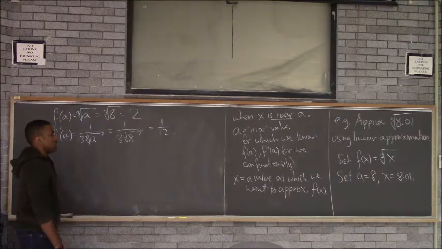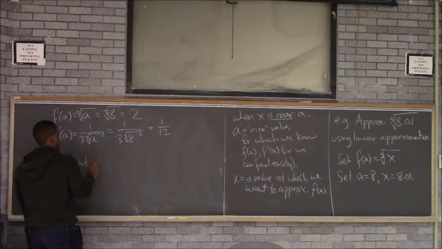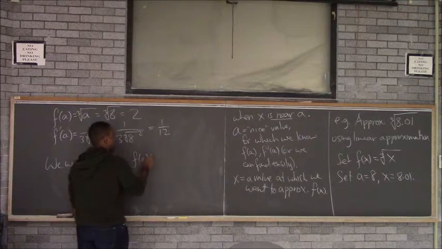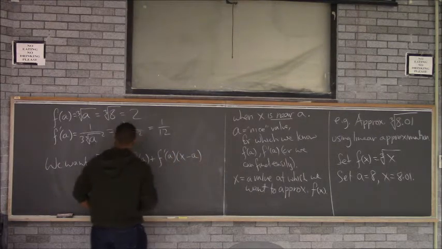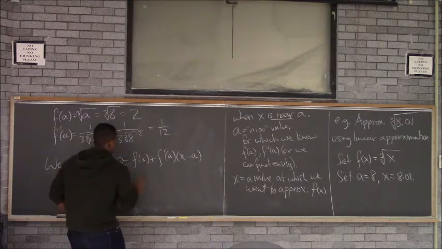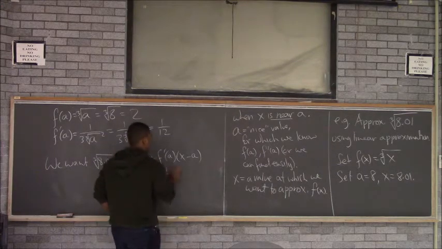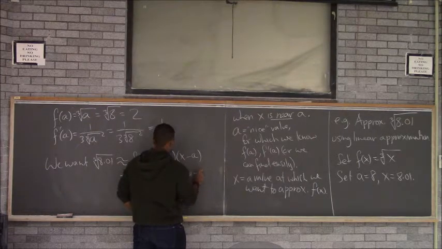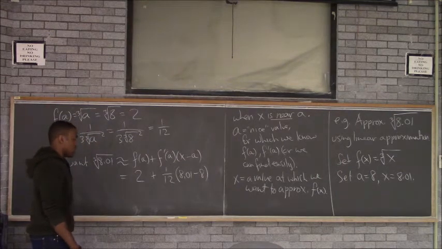Now you can use the linear approximation formula, which is L of x equals f of a plus f prime of a times x minus a. Plugging these in, we would have 2 plus 1 over 12 times 8.01 minus 8, which is just 0.01, which is 1 over 100.